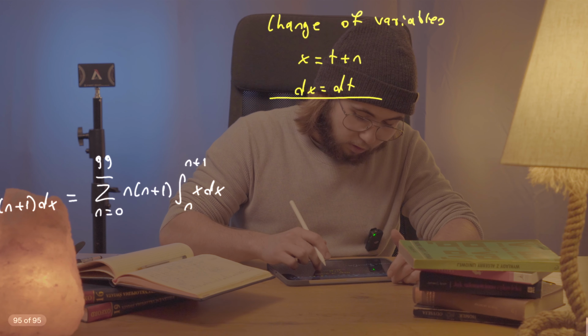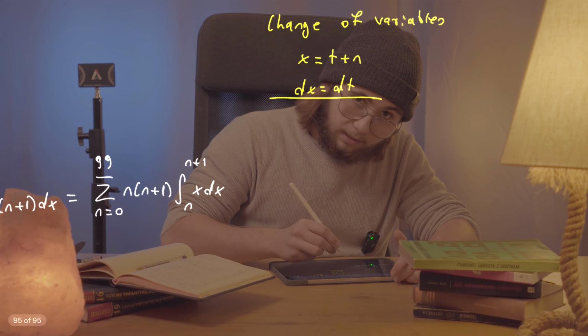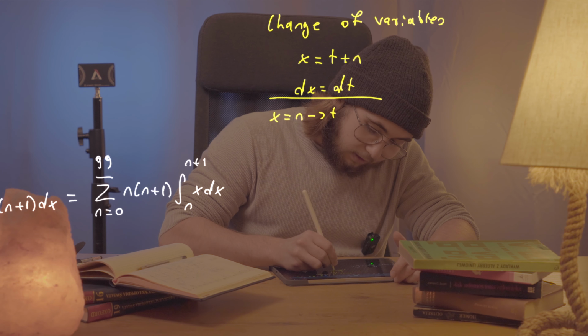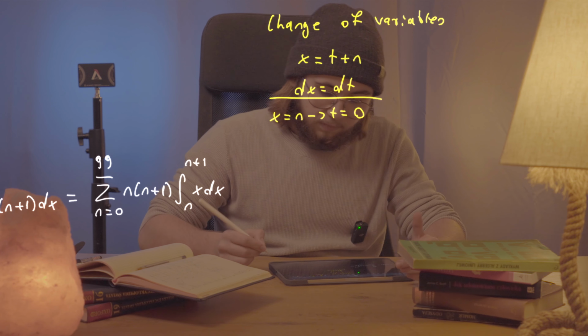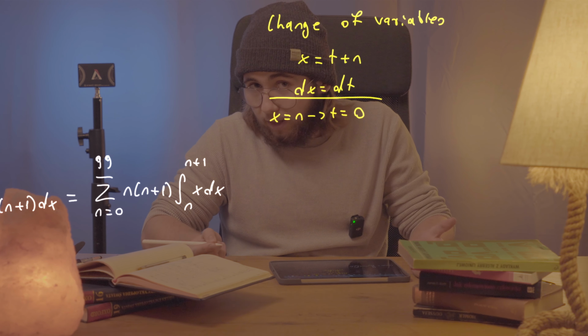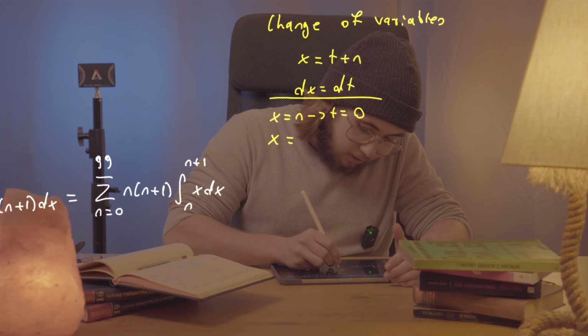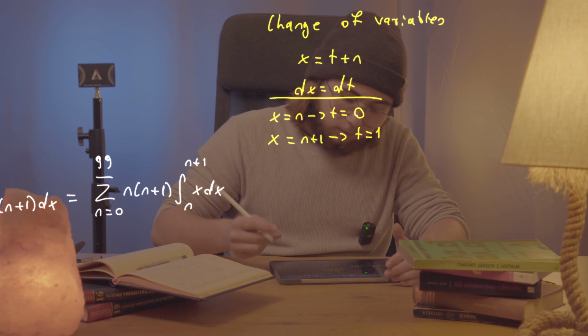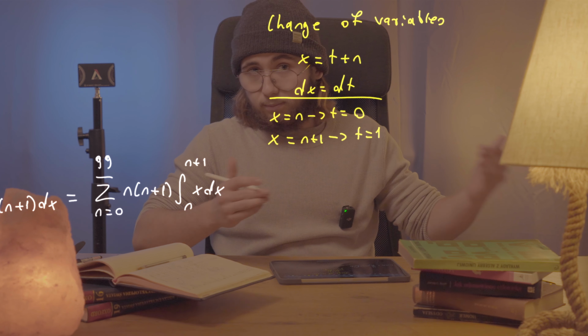However, my bounds are going to change quite significantly. So that's going to be a separation line, and now I would like to calculate the bounds. When x is equal to n, t will be equal to 0, because t plus n is supposed to be equal to n. However, when x is equal to n plus 1, t will be equal to 1, because t plus n is supposed to be equal to n plus 1.